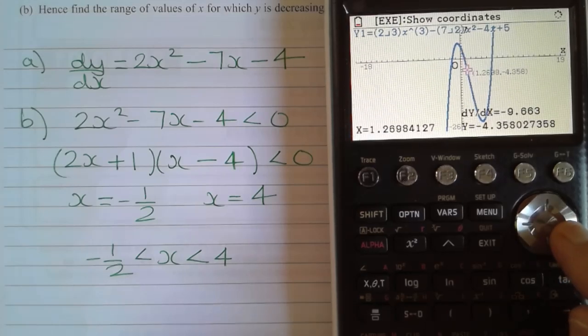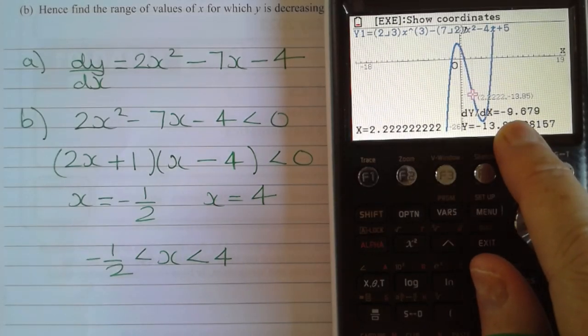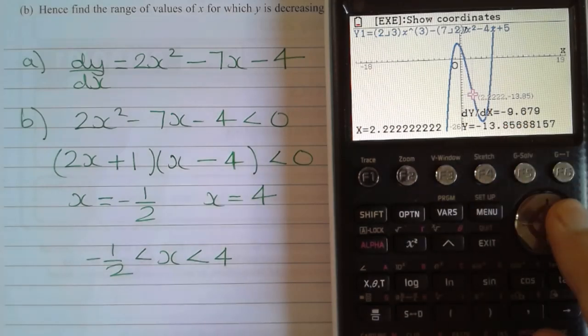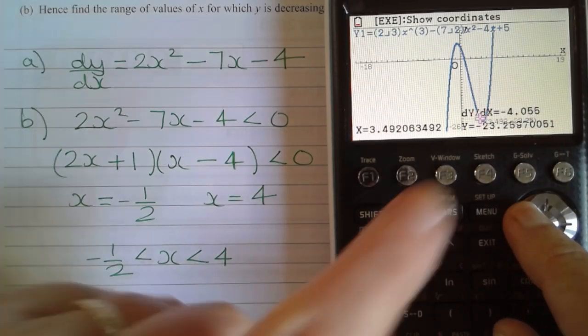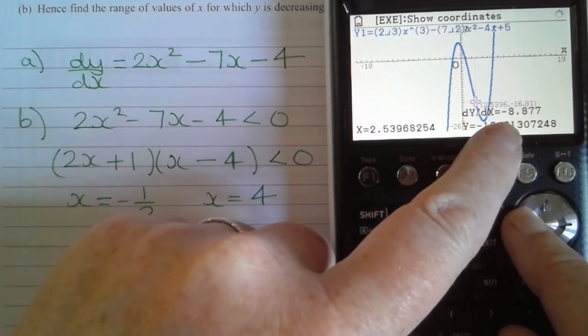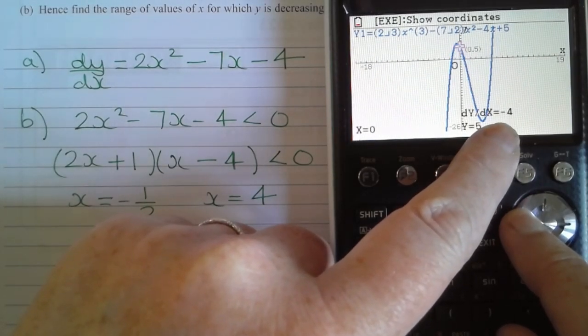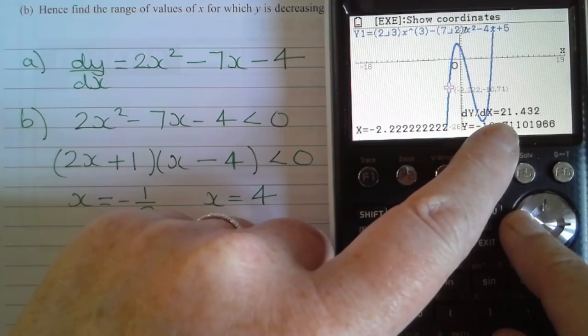So if we move around, we can see that for all of these points, the derivative is negative, whereas as soon as we get around this corner, the derivative is positive. So we are looking for the bit where this value is negative, and then out here is where it's positive.